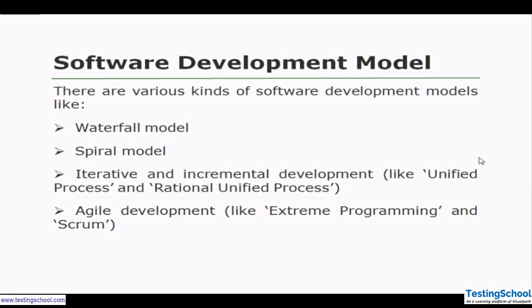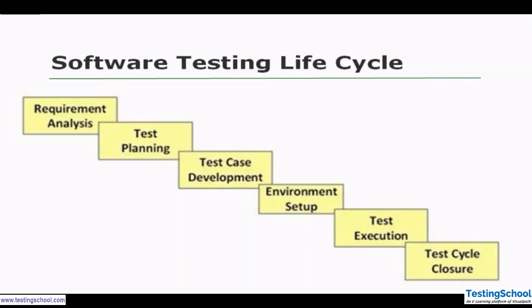So we have different development models like waterfall, spiral, incremental and agile. In this session, we are going to see what the life cycle of testing is and what we get in each stage.